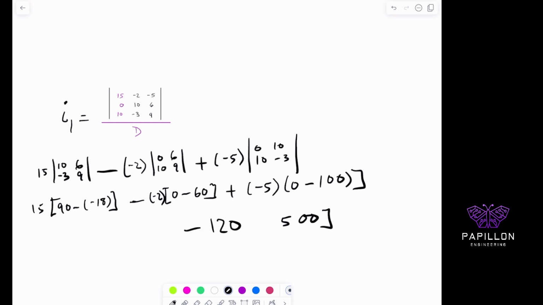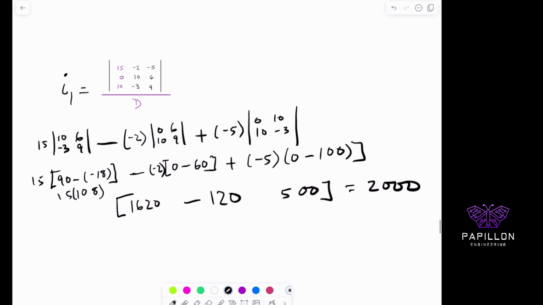And the first term, 90 plus 90 minus 118 gives me back 108. 108 times 15, so you get back 1620. Okay. And all of that, 1620 minus 120 plus 500 gives me back 2000.